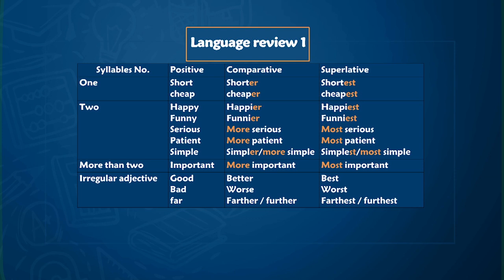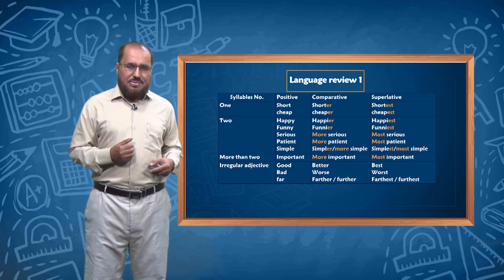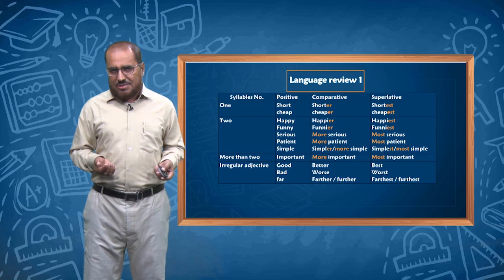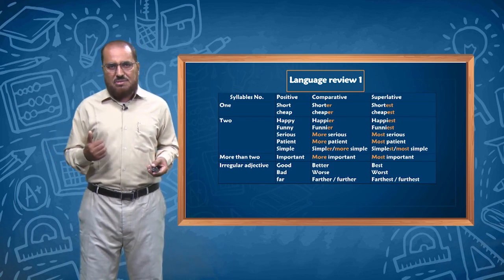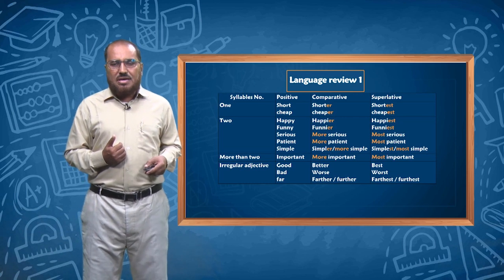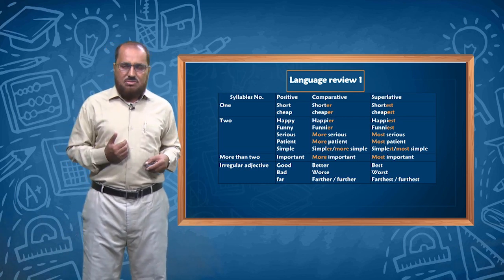It's difficult to say patienter, patientest. No, it's informal. You have to say more patient for comparative and the most patient for superlative. Simple can be used in both: simpler, simplest, or more simple, the most simple.